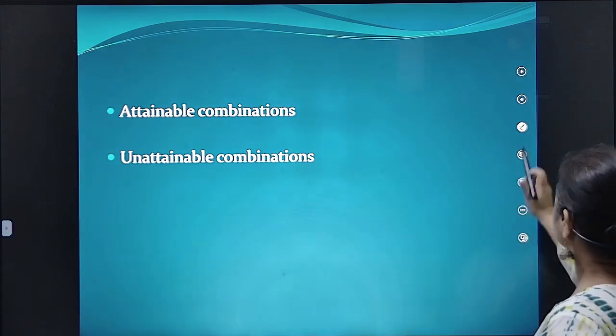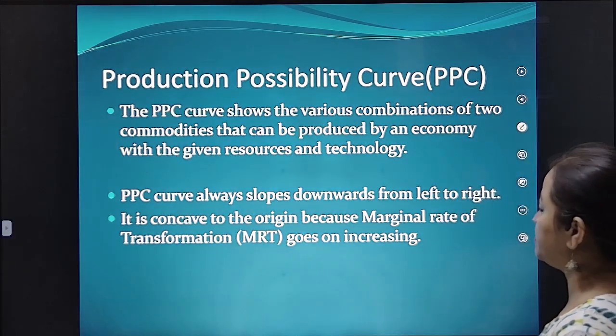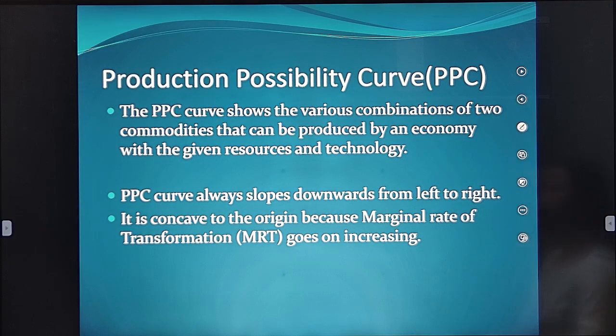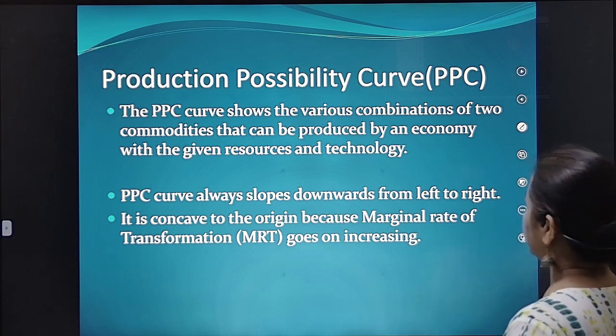Okay, so last class we were talking about PPC. PPC curve always slopes downward from left to right. It is concave to the origin because marginal rate of transformation, MRT, goes on increasing.